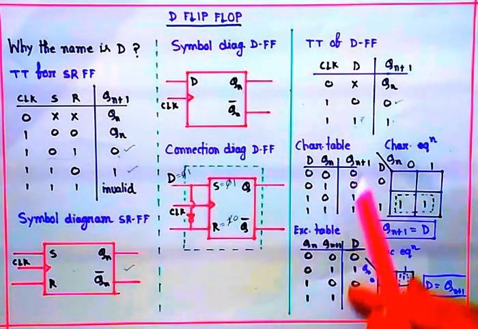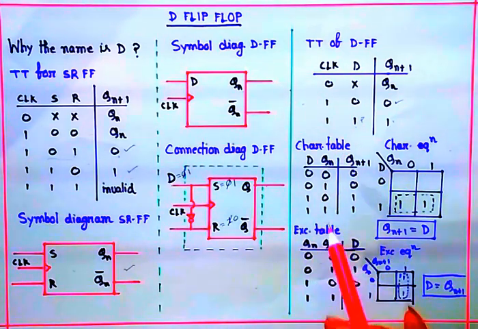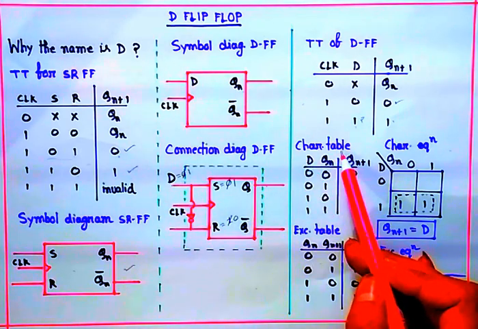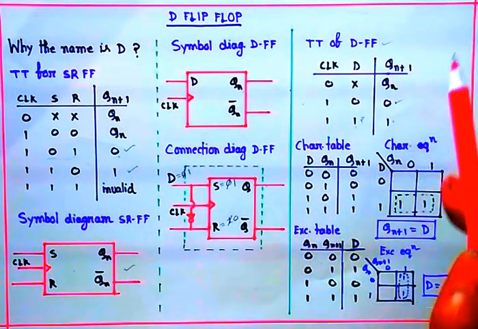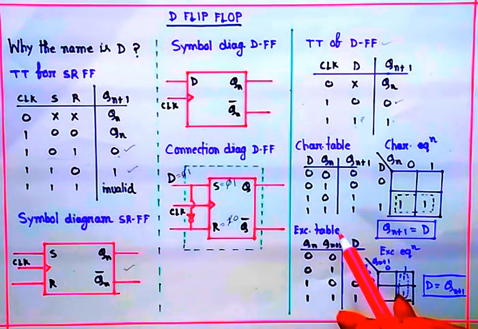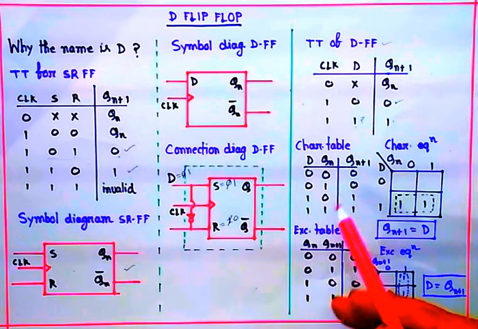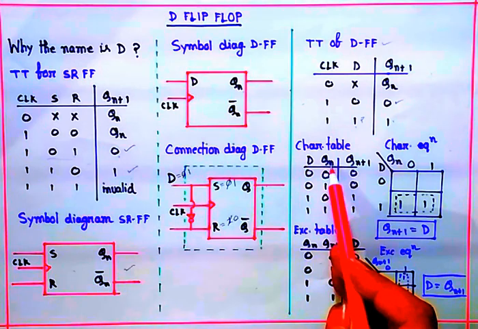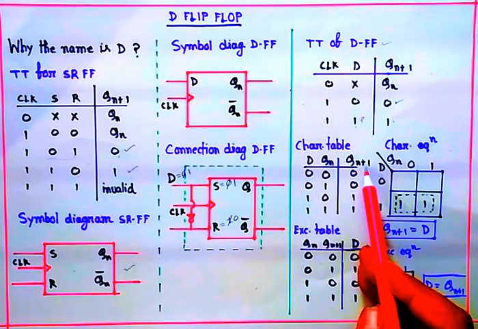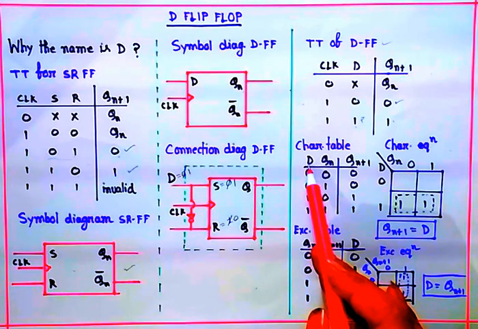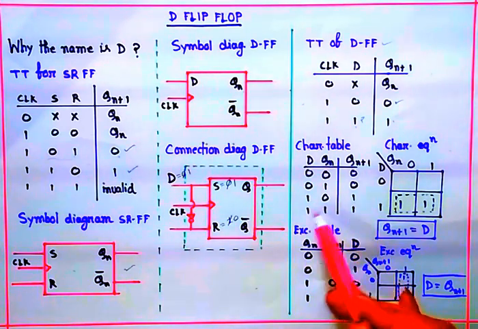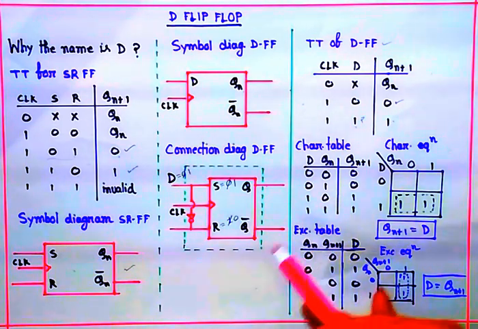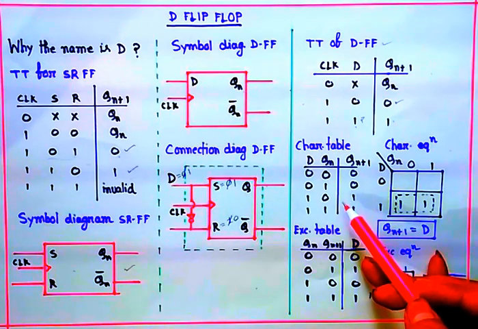Now come to the characteristic table. So how to form the characteristic table? You know that this characteristic table can be formed from this truth table. So to form characteristic table you have to take the input D and Qn, and your output is Qn plus 1. Using these two inputs D and Qn, 4 combinations are possible. Now let's try to find the output Qn plus 1.